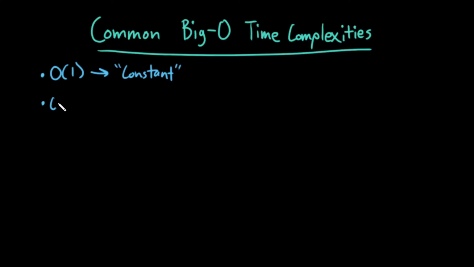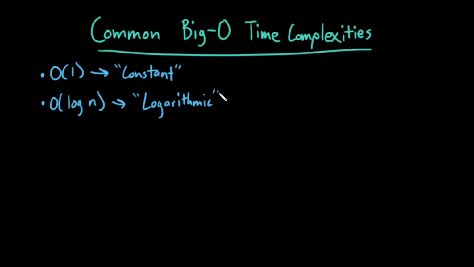Next, you'll likely see big O of log n, which we call logarithmic time. Or I'll just call it logarithmic. So logarithmic time, if I double my input size, I would increase the number of operations by a constant, for example, by 1.